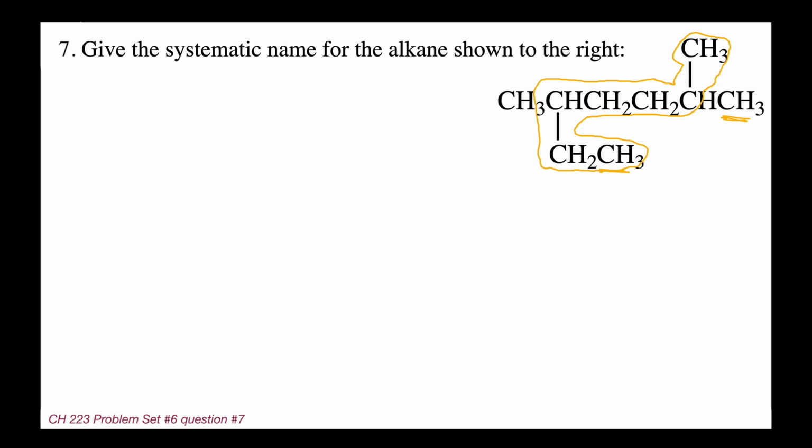But the important thing here, you want to look for the longest chain. So while the other compound was an ethyl-methyl hexane, this compound circled with 7 carbons is going to be a heptane. Heptane is a 7-carbon system. We have 2 methyl groups that aren't part of the longest chain.